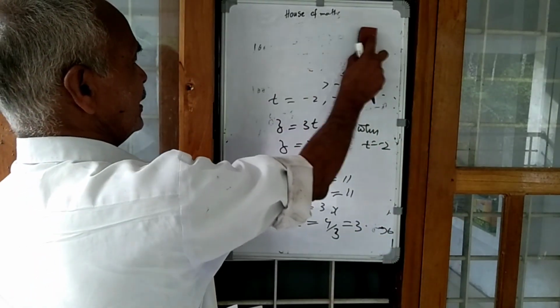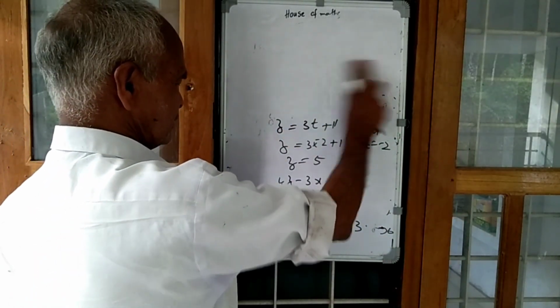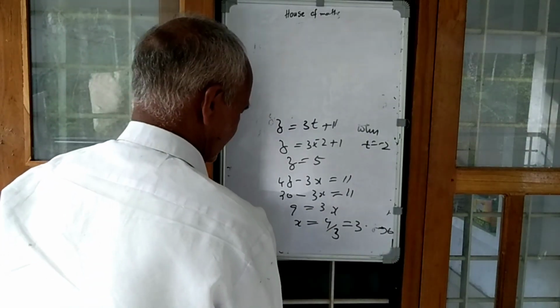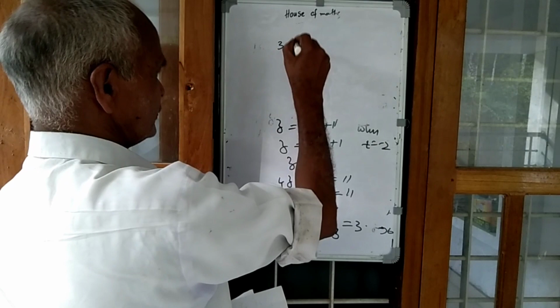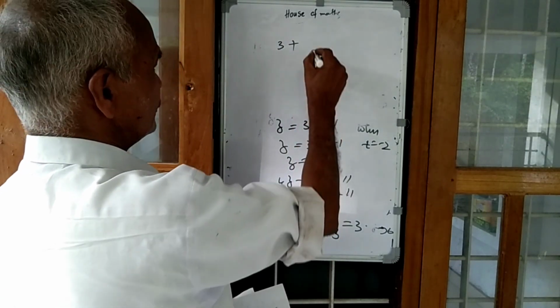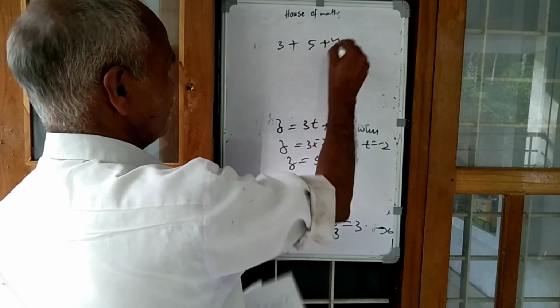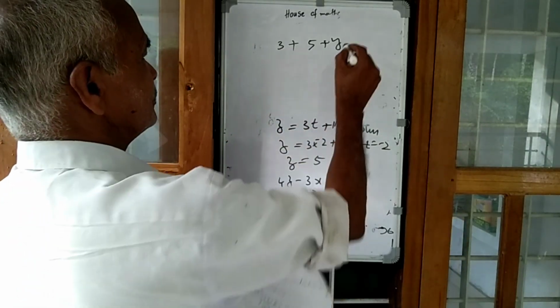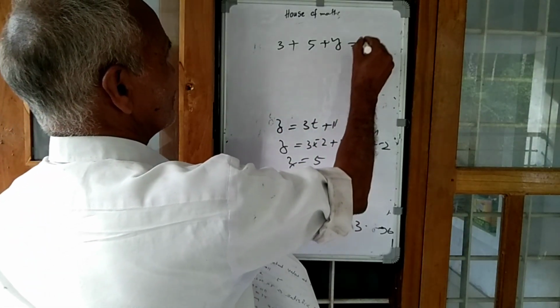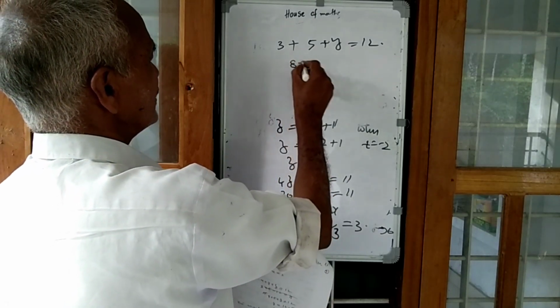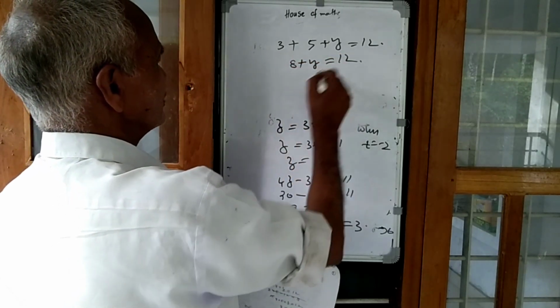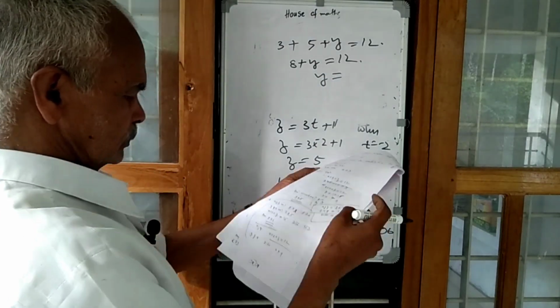Substitute the values of x and z in equation 1, we get 3 plus 5 plus y equal to 12. Therefore, 8 plus y equal to 12. Therefore, y equal to 4.